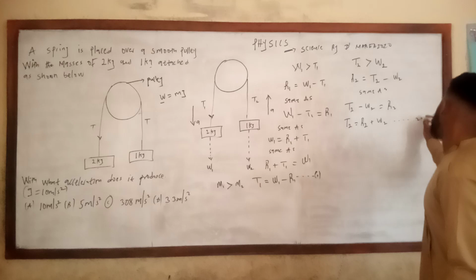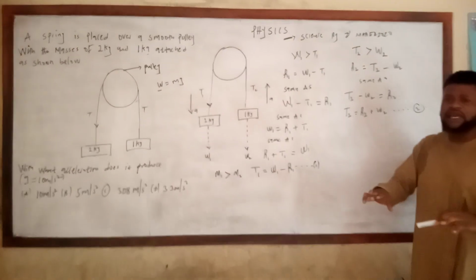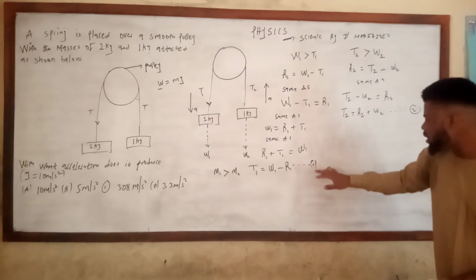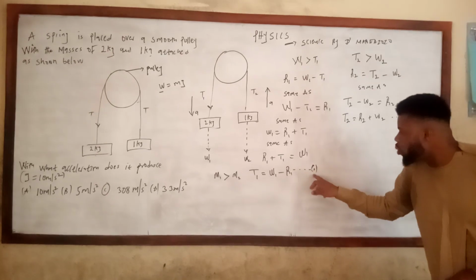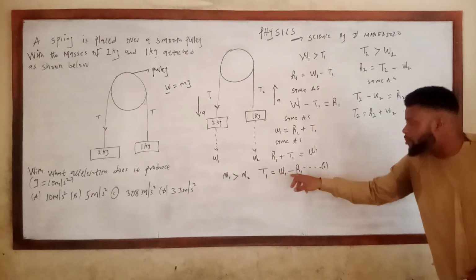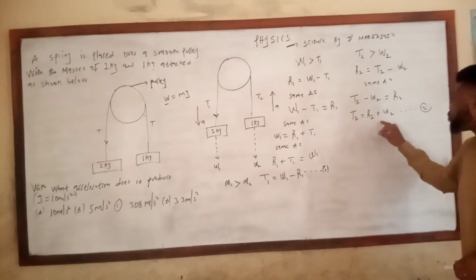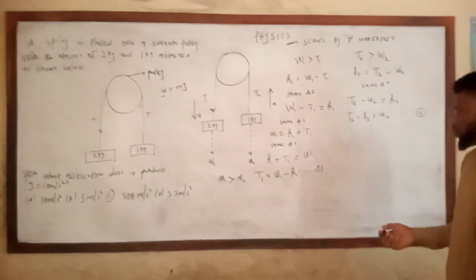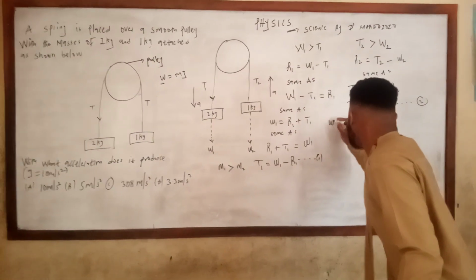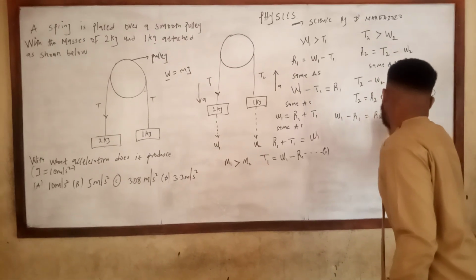I will call this equation 2. Now all I need to do is to equate equation 1 and equation 2. Equation 1 is T1 equals W1 minus R1, and equation 2 is T2 equals R2 plus W2. Since T1 equals T2, W1 minus R1 equals R2 plus W2.